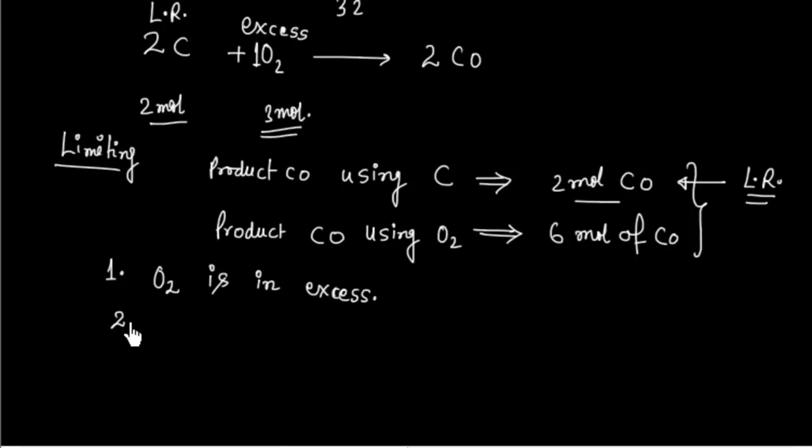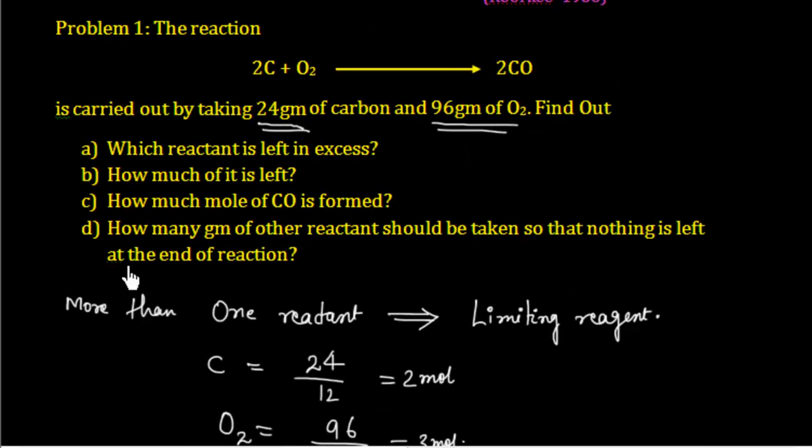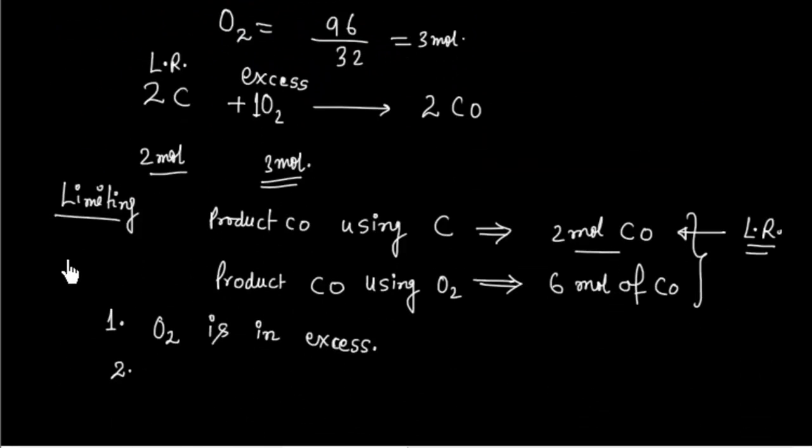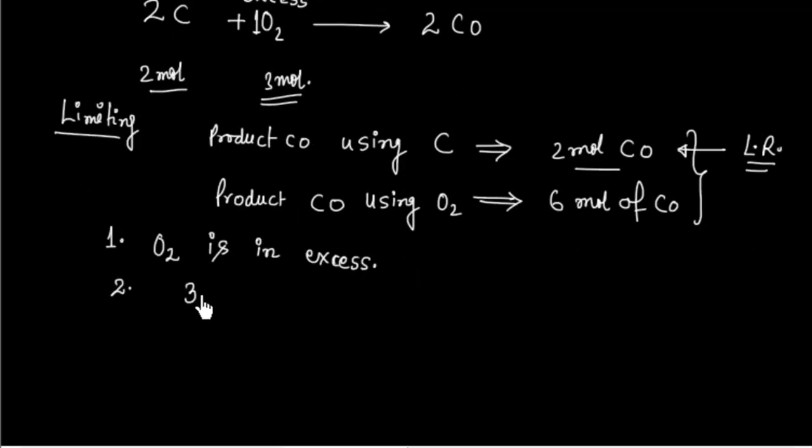The next part of the problem says how much of it is left. So you see how much oxygen will be left. 2 mole of carbon will require 1 mole of oxygen, so 1 mole of oxygen will be reacted, so oxygen left will be 3 minus 1, that is 2 mole of O2 will be left.